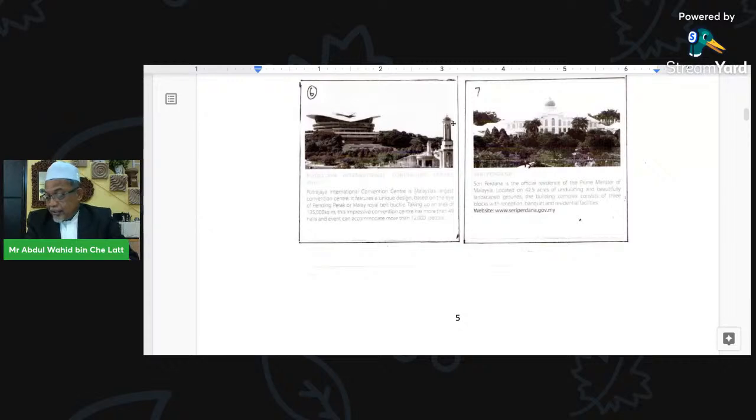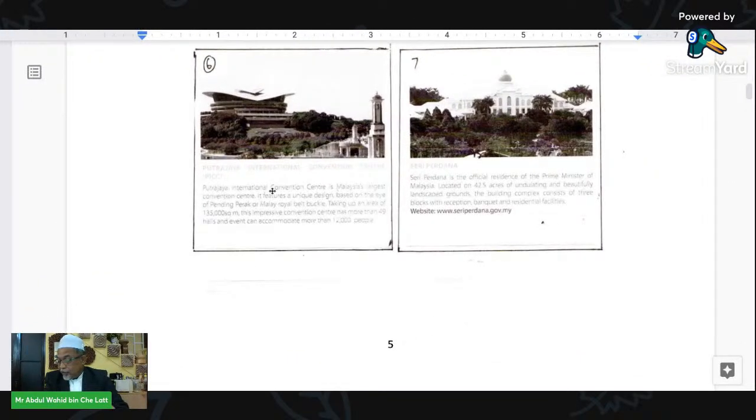Extract number 6. Putrajaya International Convention Centre is Malaysia's largest convention centre. It features a unique design based on the Eye of Pending Perak, a Malay royal belt buckle, taking up an area of 135,000 square meters.